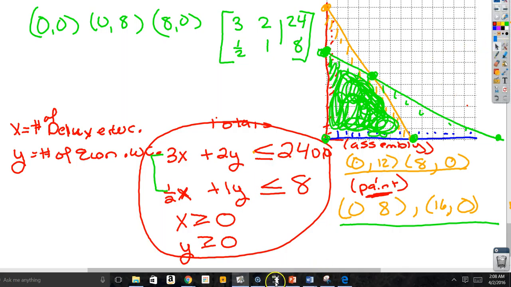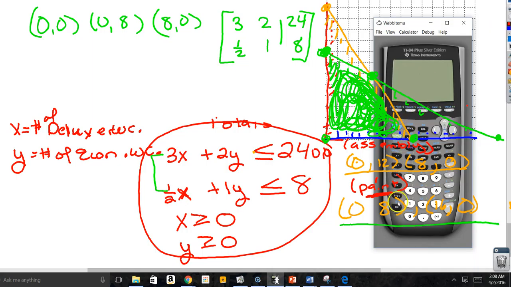So I'm going to put it in my calculator. Second matrix, edit. It is a 2 by 3. Two, 24, 3 to 24. 5, or 1/2, either way.